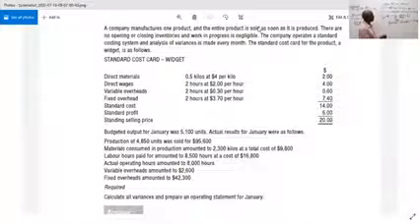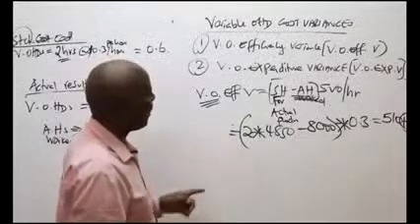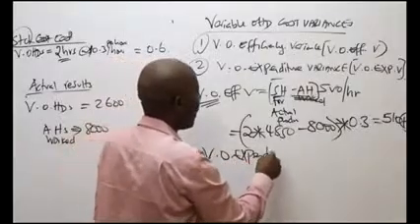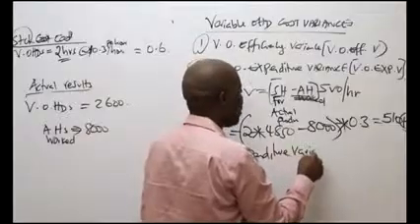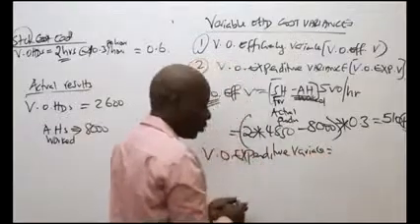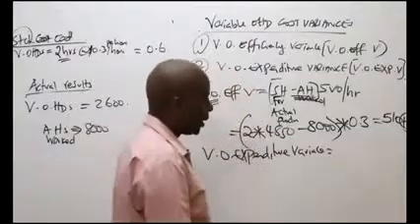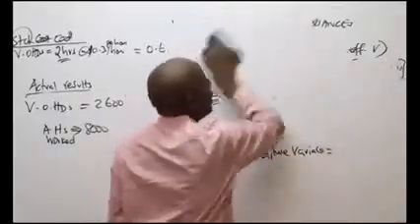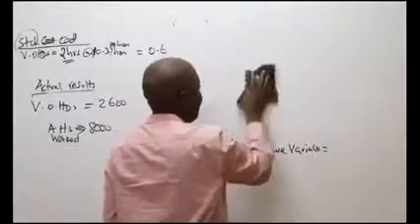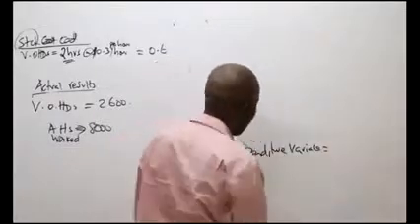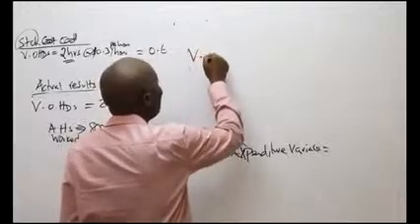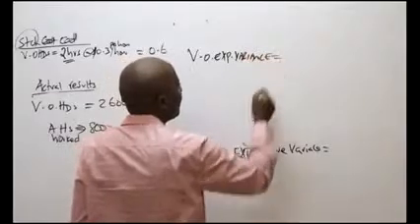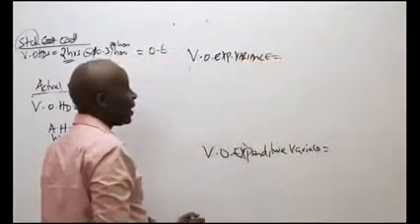So here we are, ladies and gentlemen, variable overhead efficiency variance. Thank you very much. So you go to the next one, variable overhead expenditure variance. For variable overhead expenditure variance, how do we get it?